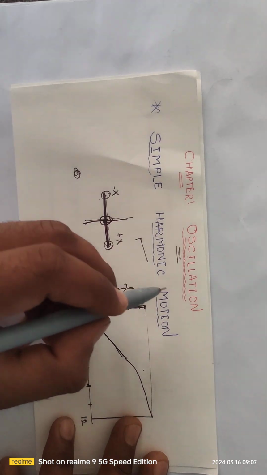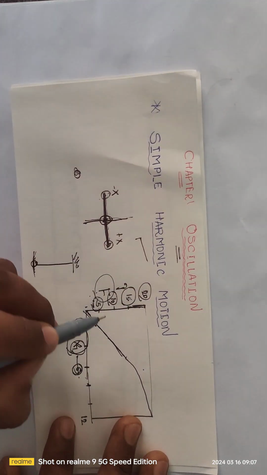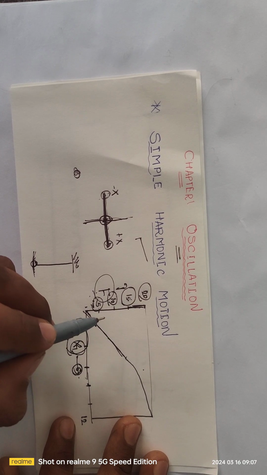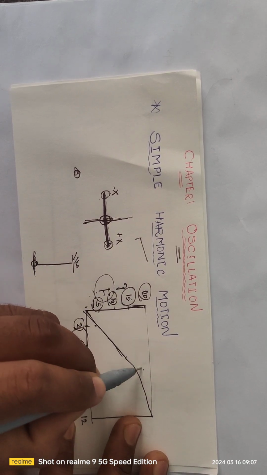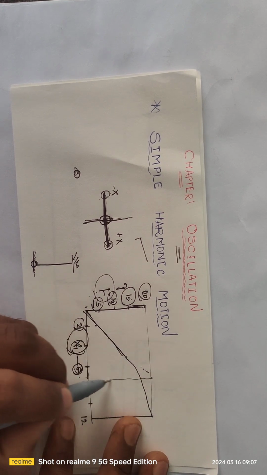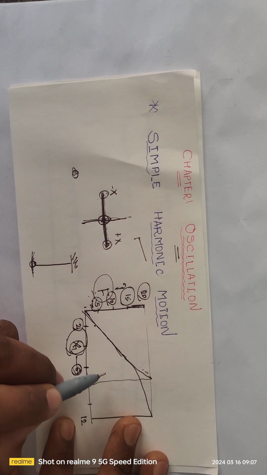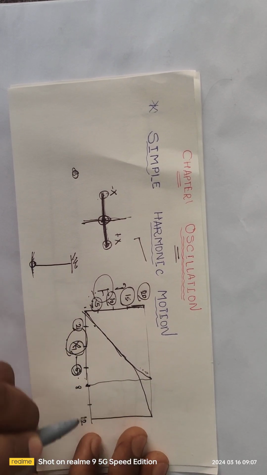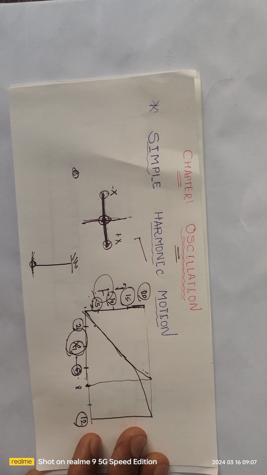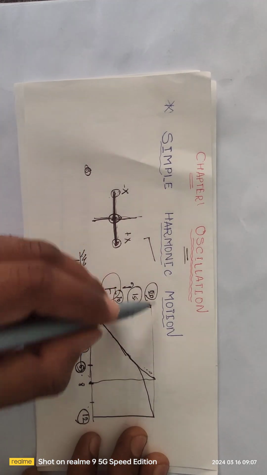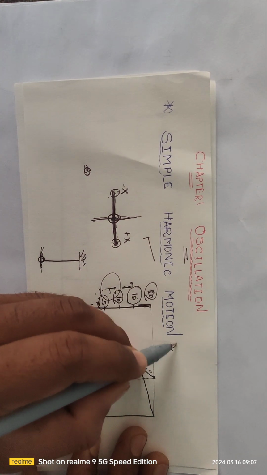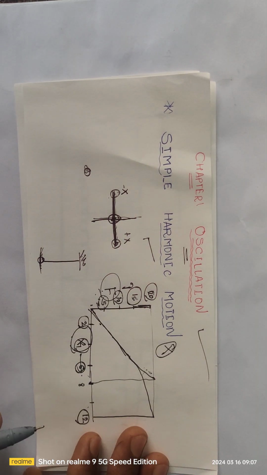But finally if I apply 20 Newton force, the displacement should be 8, but instead the displacement is 12 meter. So above 15, we can't call it simple harmonic motion. It is just an oscillation.